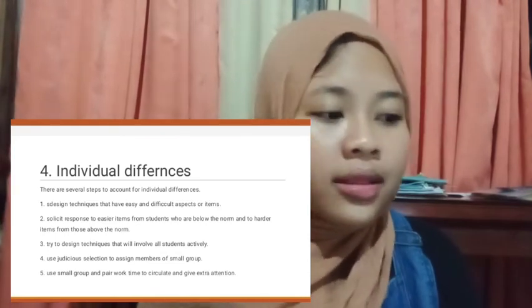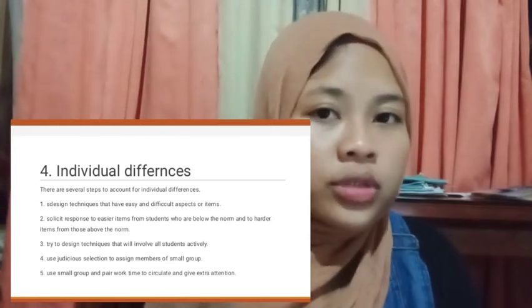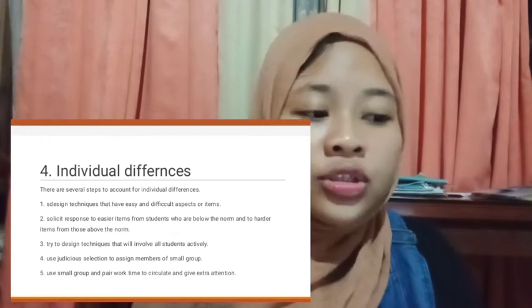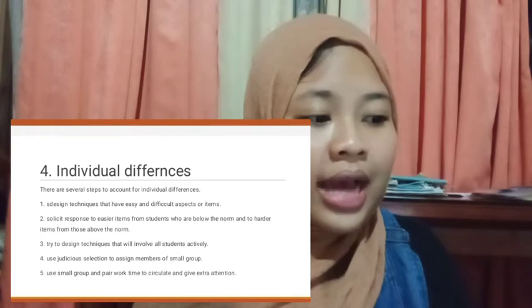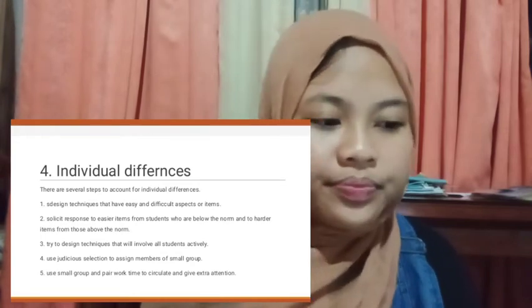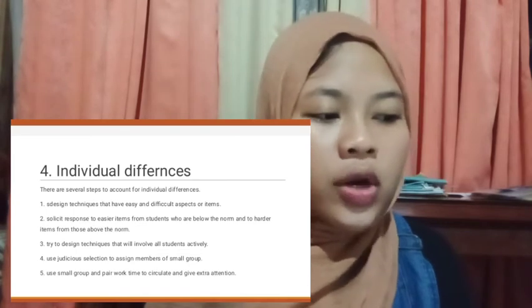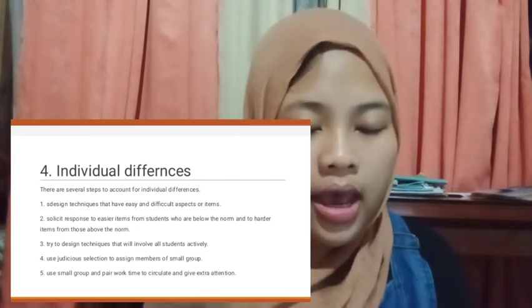Try to design techniques that will involve all students actively. And 4. Use judicious selection to assign members of small groups. And 5. Use small group and pair work time to circulate and give extra attention.